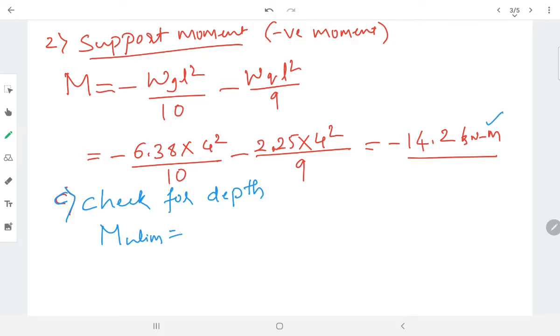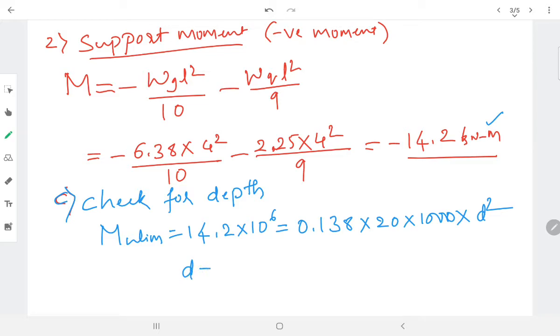This is 14.2 into 10 raised to 6 Newton mm equals 0.138 into FCK, which is 20, into B, which is 1000, into D square.